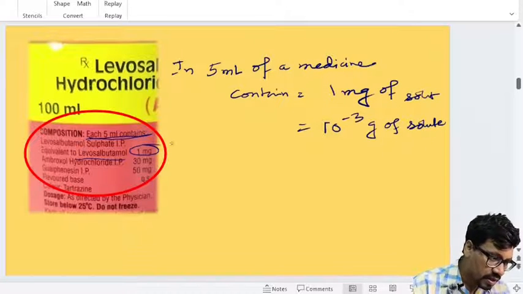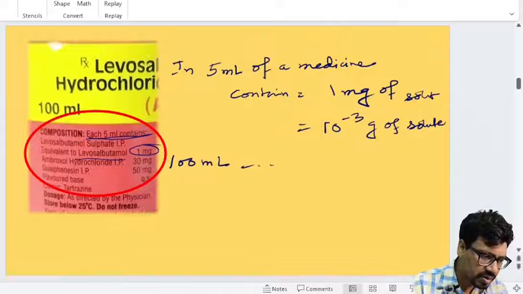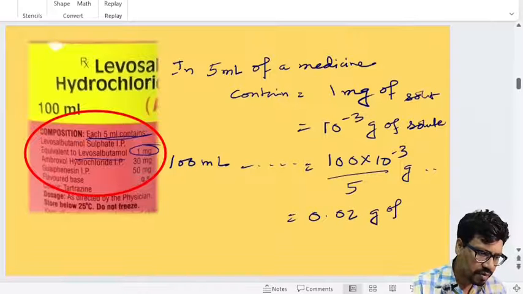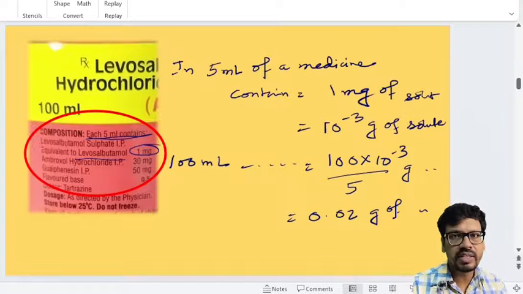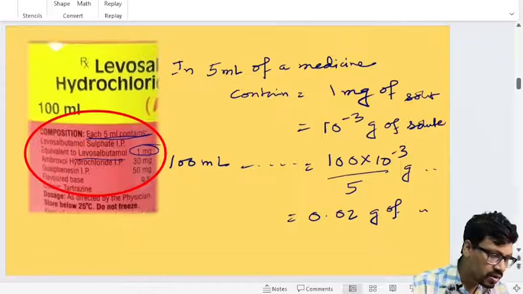So in 100 ml, what is the mass of the solute present? That is 100 into 10 to the power minus 3 divided by 5, that is 0.02 gram of solute. So what is the percentage concentration of levosalbutamol present in the solution?